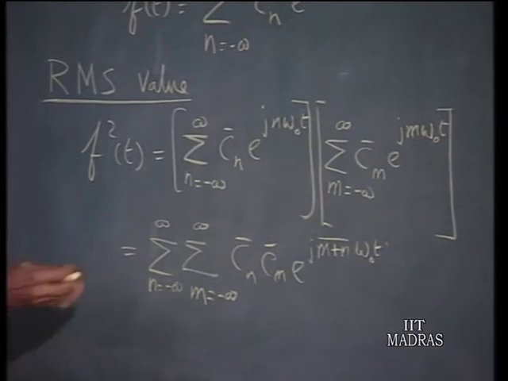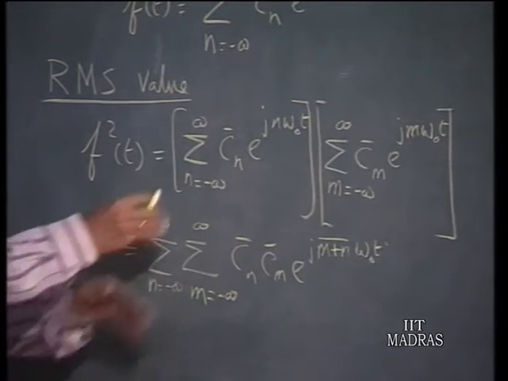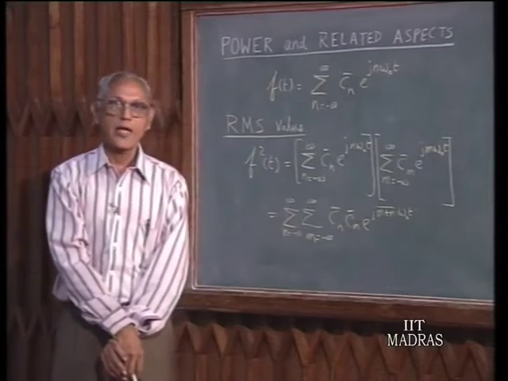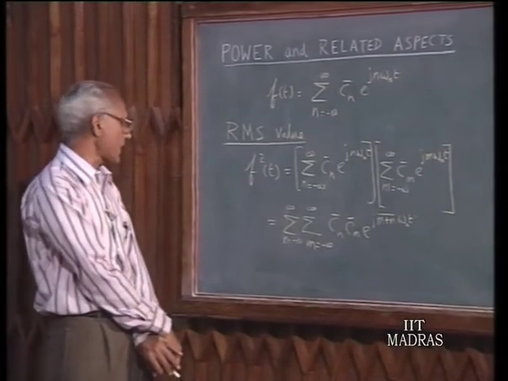So the average of the summation is really the summation of the averages. So we would like to find out the average of each one of these terms. If we do that, then we can sum up those averages and say that is indeed the average of f square t, because the RMS value of f of t is the square root of the mean of the square.